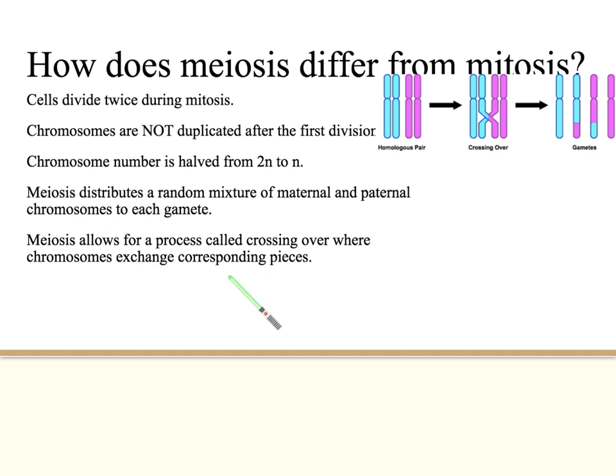Now, this crossing over is where we exchange corresponding pieces, meaning that, let's take a look at this top section here. That could get exchanged. This could be mama, this could be dada, and then you have the ability to exchange and thus give you some of that genetic variation.